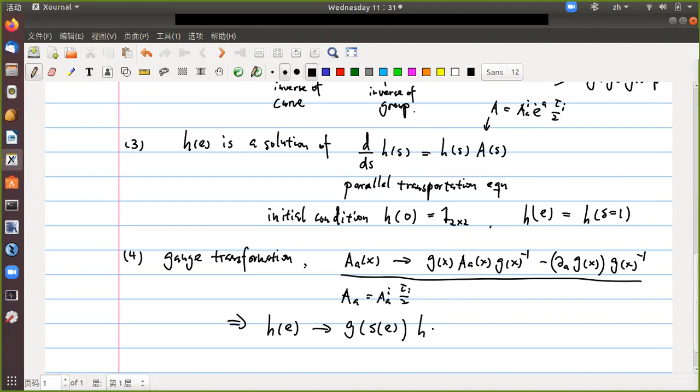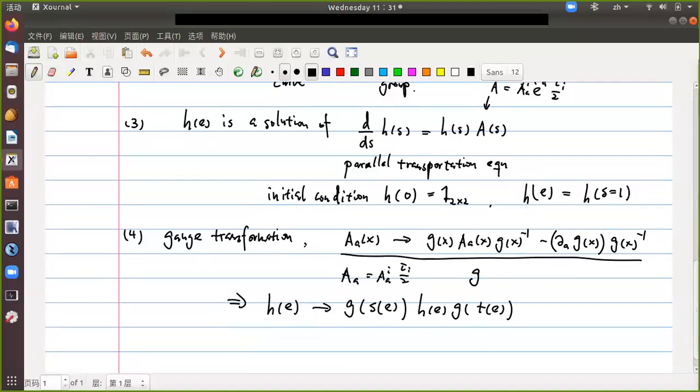So H of e transforms as follows. By the way, I should emphasize that here this g(x) is an SU(2) group valued function.